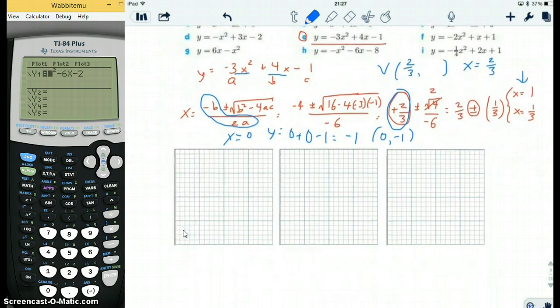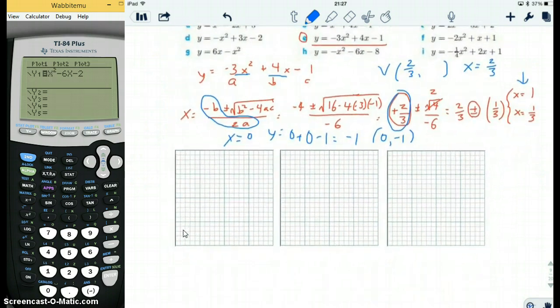So now we're going to graph it. We've got plenty of points to graph. I think the only thing we didn't figure out was the y coordinate of the vertex. The way we can figure that out is to put 2/3 into this equation. That would be negative 3 times 2/3 squared. 2/3 squared is actually 4/9.